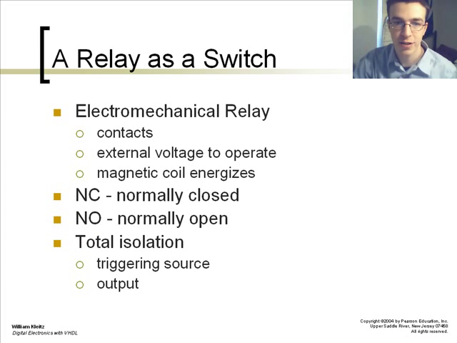A relay is a switch. It's an electromechanical relay. It has contacts on either end. When it's on, contacts are connected, and when it's off, they're not, and it requires an external voltage to operate.